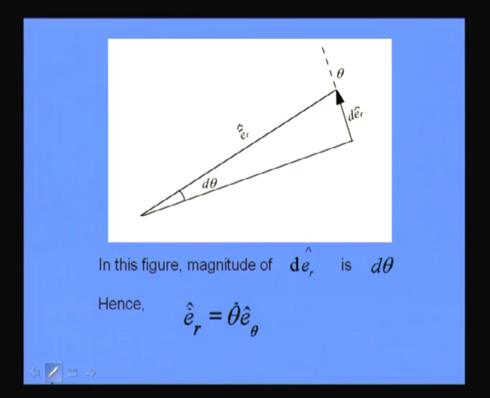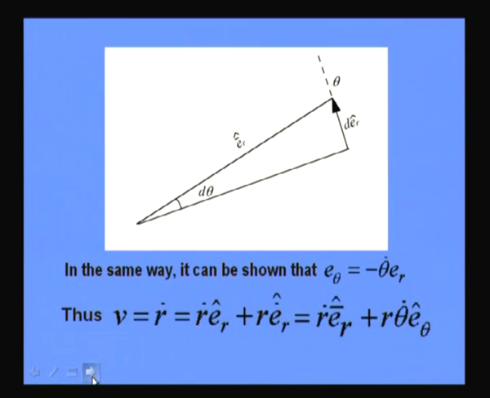This can be explained very clearly, that as d theta tends to 0, the direction of dr will be perpendicular to e_r. Therefore, e_r dot is equal to theta dot e_theta.